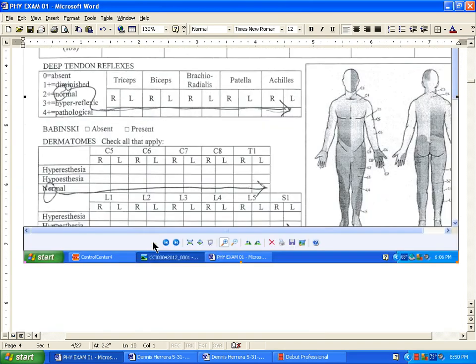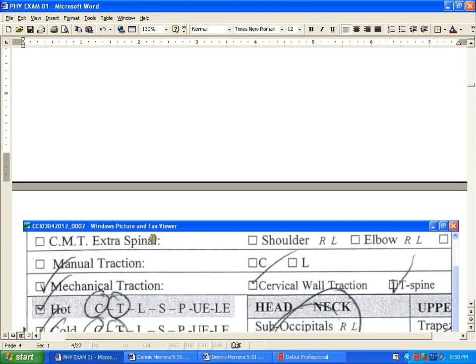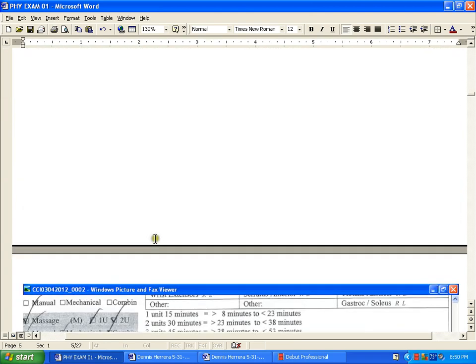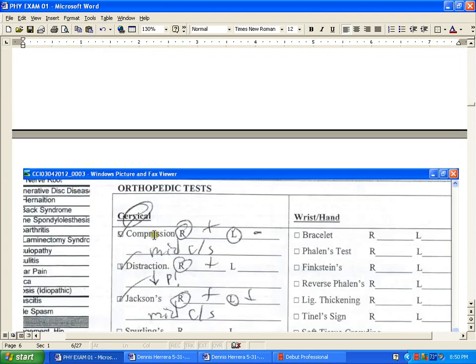Now, today we're going to also cover range of motion. That's what we're going to do.